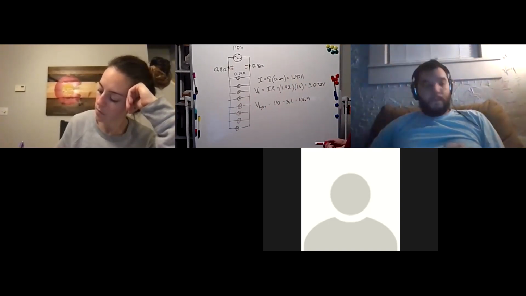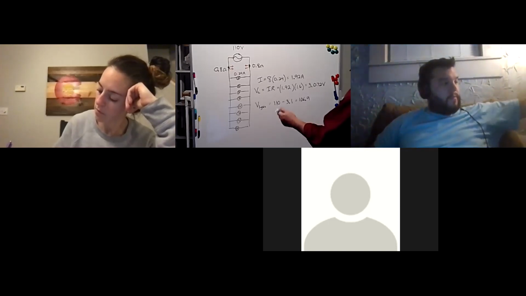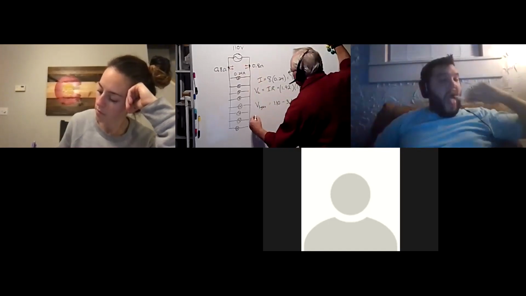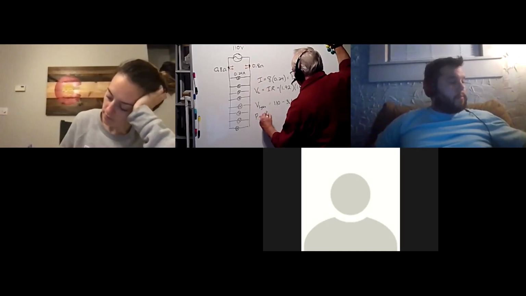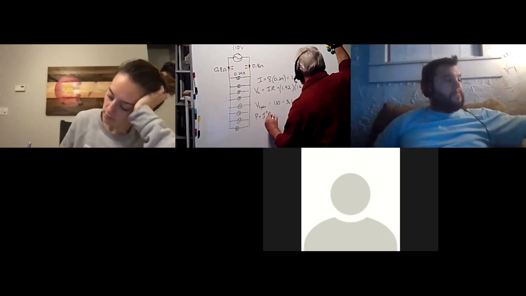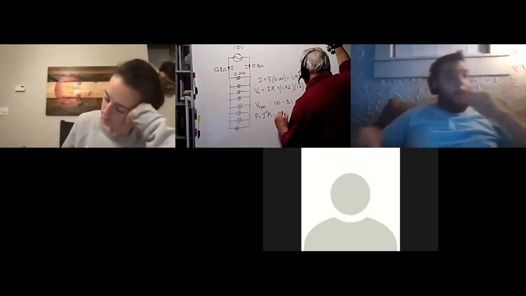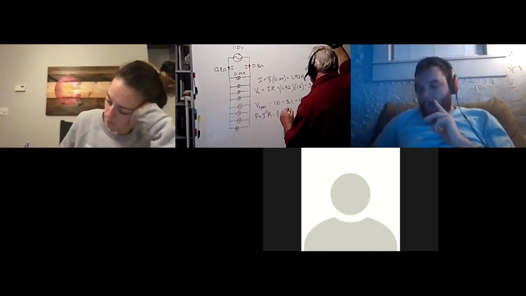But the question is, what about the power? So these are giving off heat. They're going to give off energy at the rate of P equals I squared R. So that's going to be equal to 1.92 squared times 1.6.